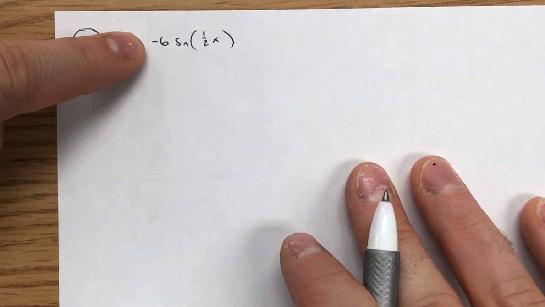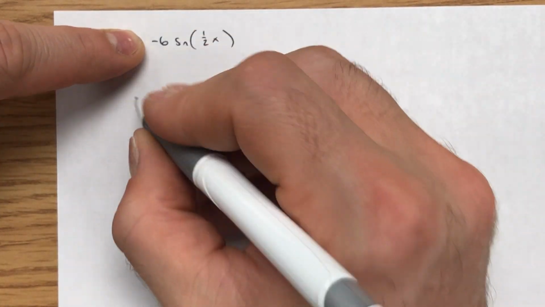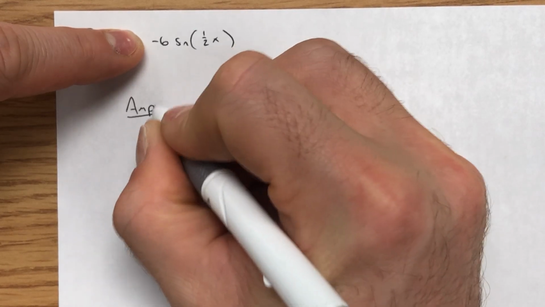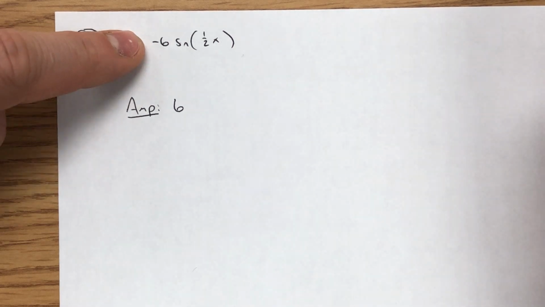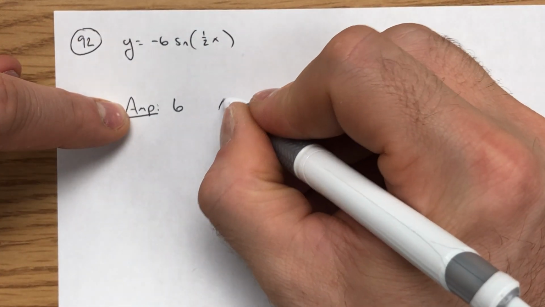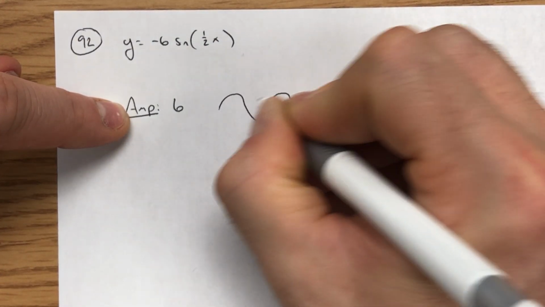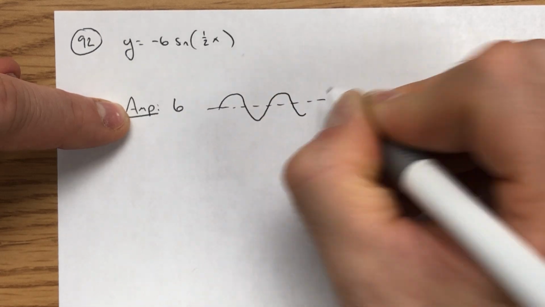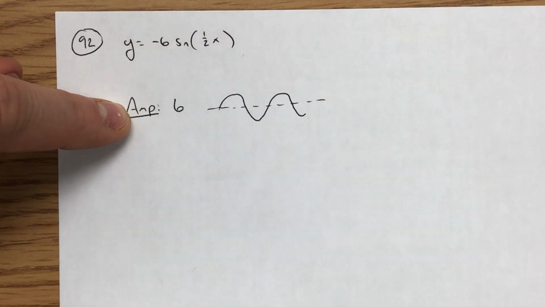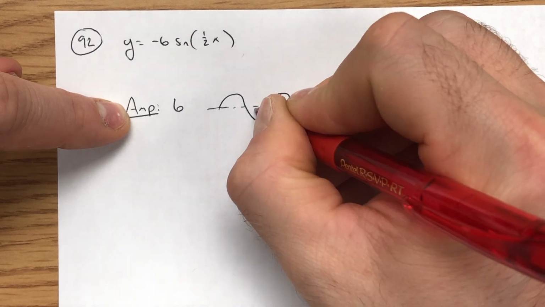Pretty straightforward. The amplitude is going to be that number right here. What they're trying to check is that the amplitude is just going to be 6. Remember, the amplitude is the distance from the midline either to the peak or to the trough.